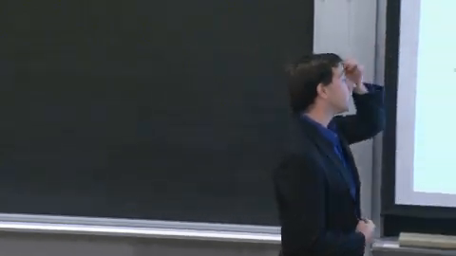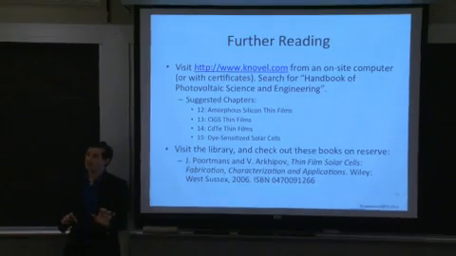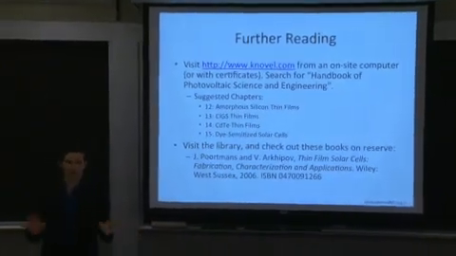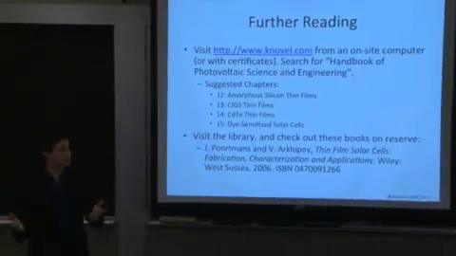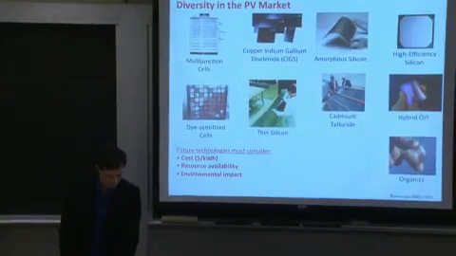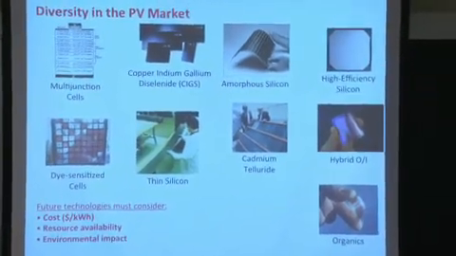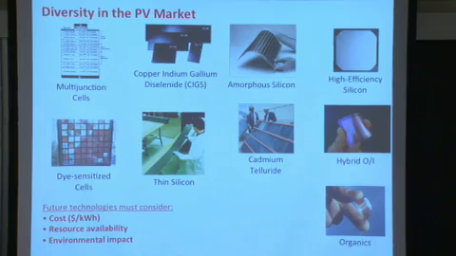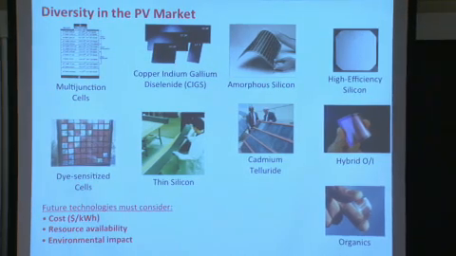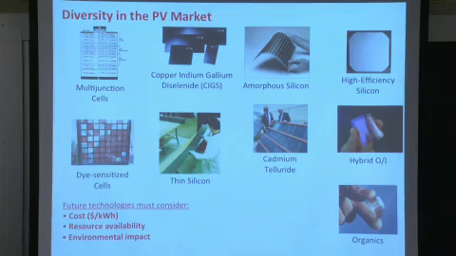So we'll talk about these specific technologies of thin film materials. And before we get into those, I'm going to address some general topics about deposition and, of course, general parameters that affect all thin film material systems. We have to appreciate the sheer diversity of technologies that are out there on the market. We have a variety of different solar cell materials that are available, some of which are thin films, other ones wafer-based crystalline silicon.